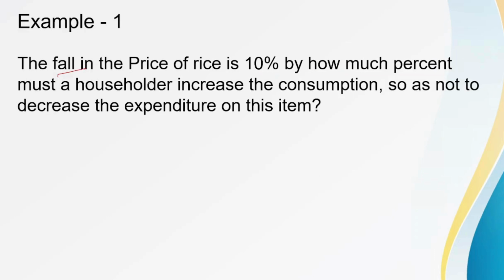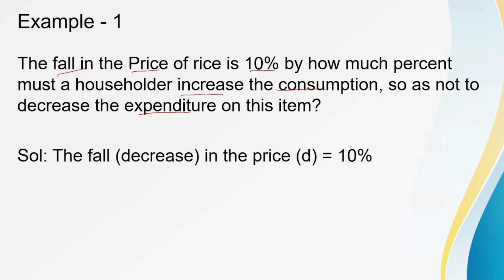The fall, that is the decrease in the price of rice, is 10%. By how much percent should a household increase its consumption so that the expenditure on this item does not decrease? The fall percent here, d, is 10%.